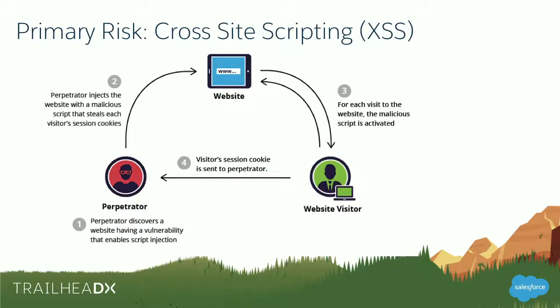When we think about this, really the primary risk that we're trying to avoid is cross-site scripting. Cross-site scripting is one of the most common threats to web browsers in general from the JavaScript side. And again, this is really what we are fighting.